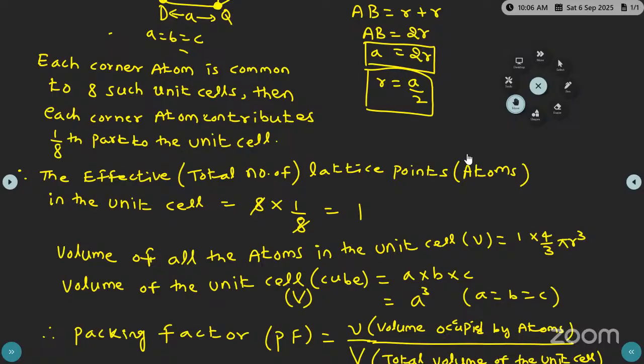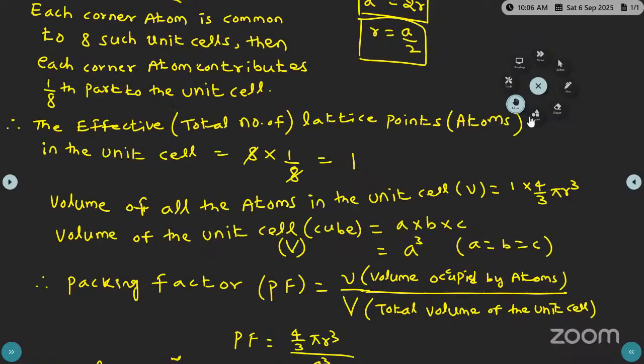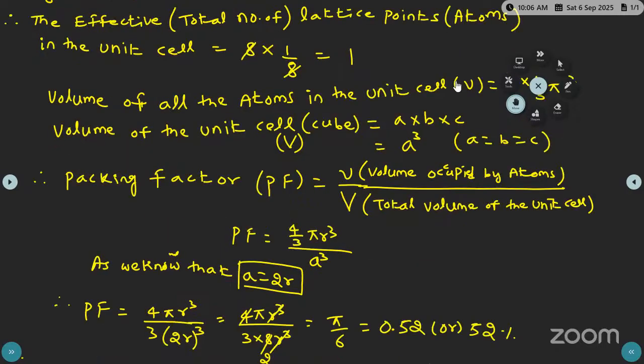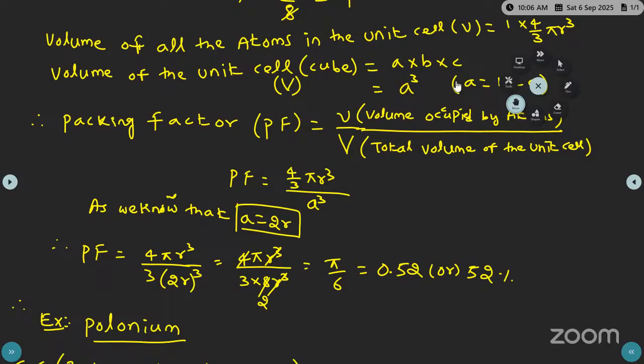Now we calculated the packing factor by using the formula: volume occupied by atoms to the total volume of the unit cell. How many atoms are there? Only one atom is there, right? In constructing the unit cell, that particular atom has a spherical structure. Therefore, the packing factor can be written as 1 into 4 by 3 pi r cube divided by the volume of the unit cell, that is a cube.